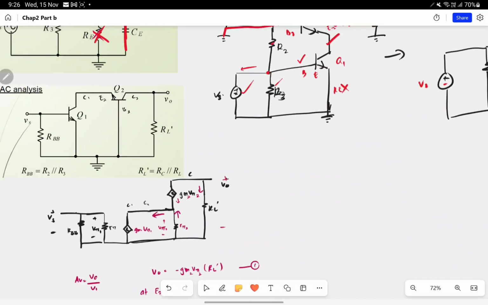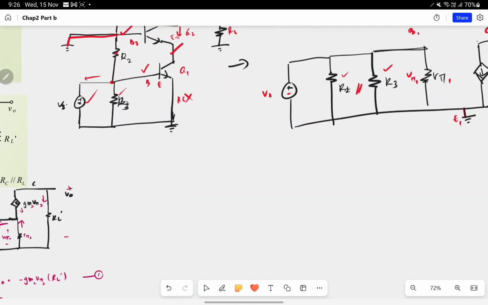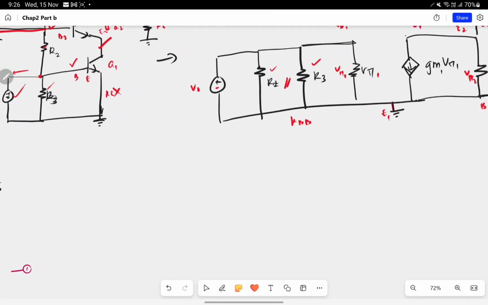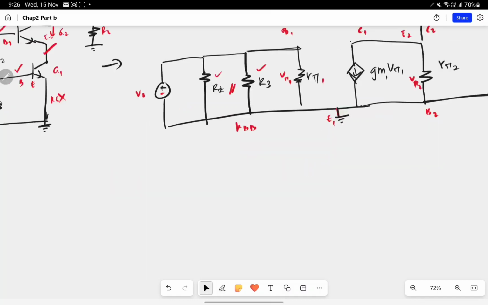And our circuit becomes like this. So we name it RBB, which is R2 parallel R3. And RC parallel RL we call the RL prime.